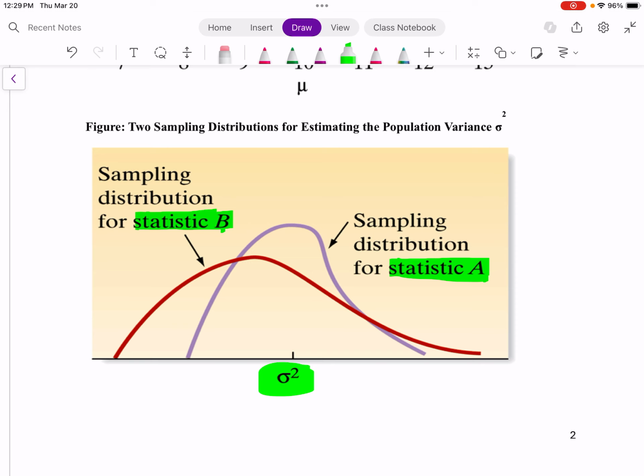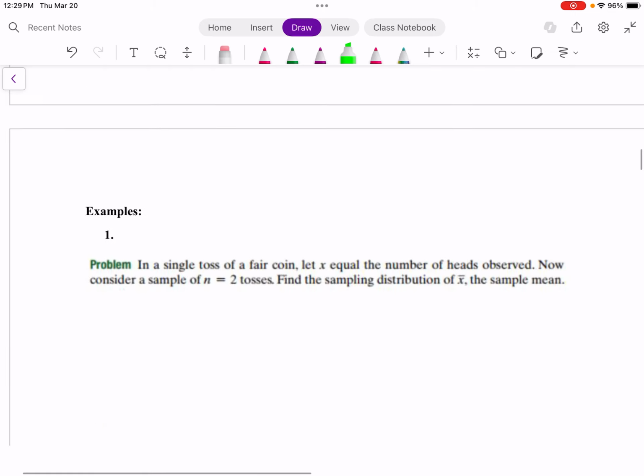Any question? You have to check whether your sampling distribution is centered at the parameter or not, and whether it is less variable or not. If these two things are satisfied, then you pick that sampling distribution to make an estimation.